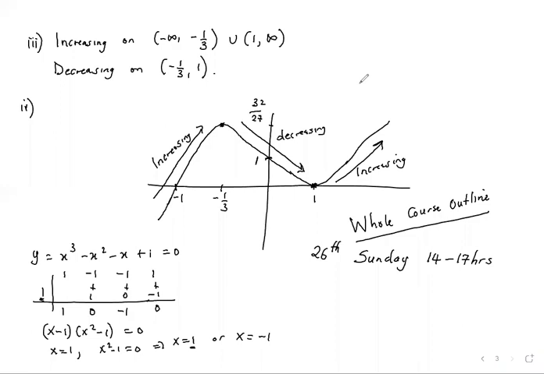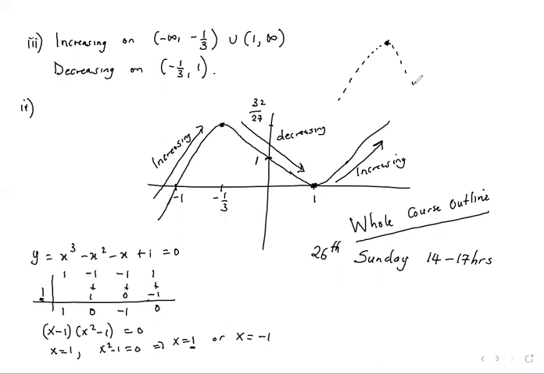Yes, sir. These intervals are asking us to determine where the function is increasing and decreasing. If you are told that a certain point is maximal, for something to be maximal, it means that before that point it must have been increasing, then it started to come down.